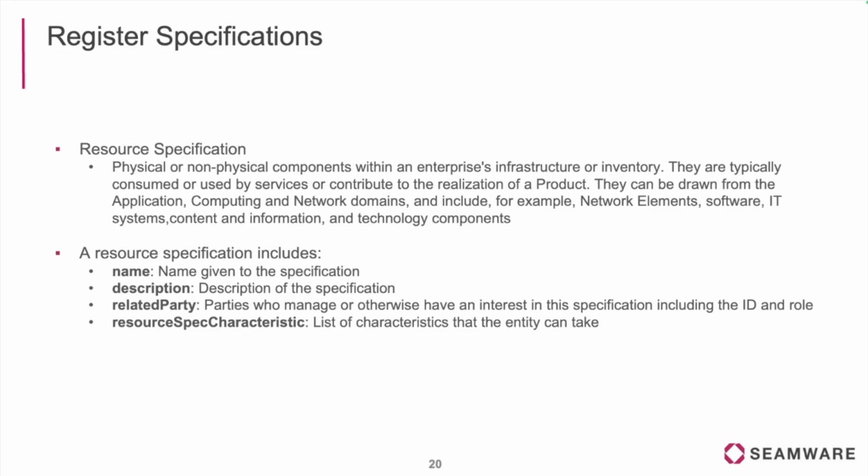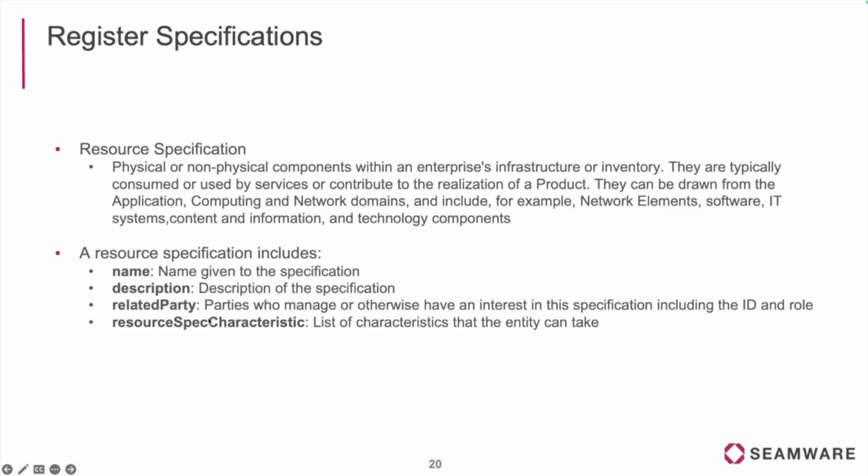And the resource specifications are similar. The resource specification will include all the physical and non-physical components that you need in order to be able to offer the service. You have the name and description for the resource specification, and then you will have a resource spec characteristic where you are going to put any information you will need later for the procurement and the instantiation.